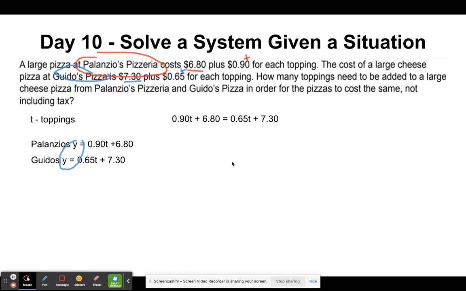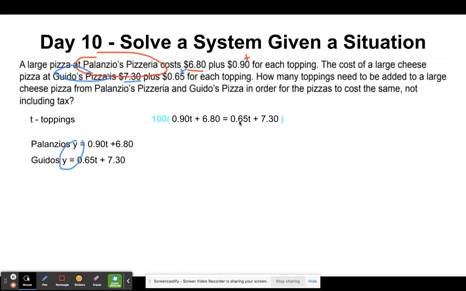Now if you guys notice, there's decimals, and obviously decimals or fractions aren't really something we want to work with. So what we can do is get rid of them. The way we get rid of them is, if you have something in cents or in cents and dollars, meaning the decimal is 2 decimal places away from the end of the number, all I need to multiply by is 100.